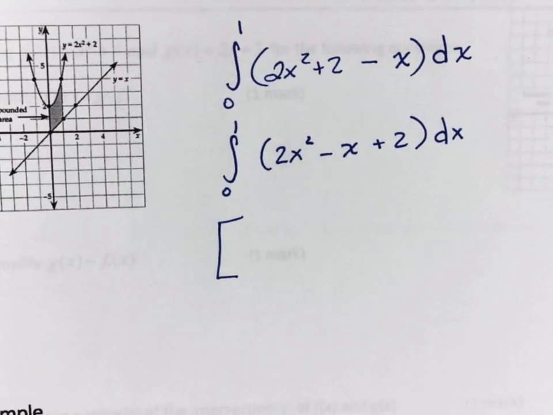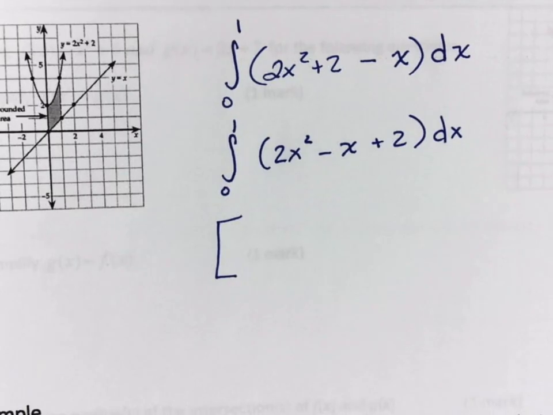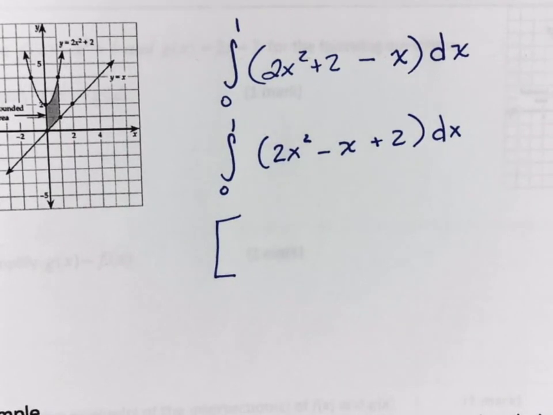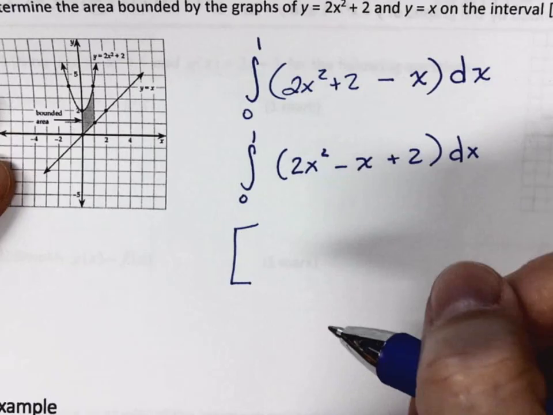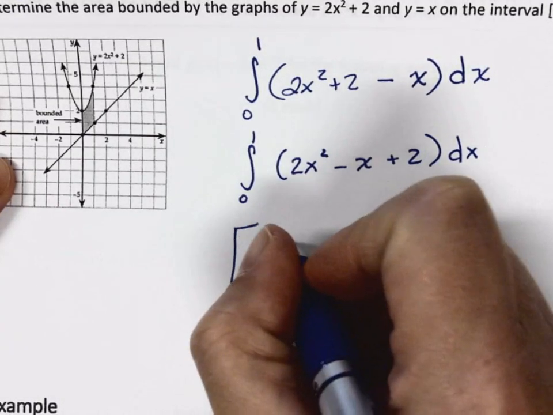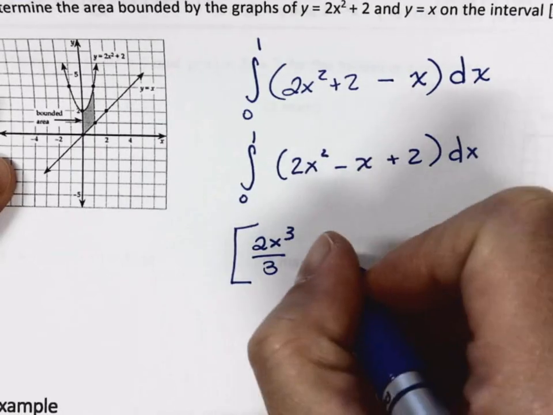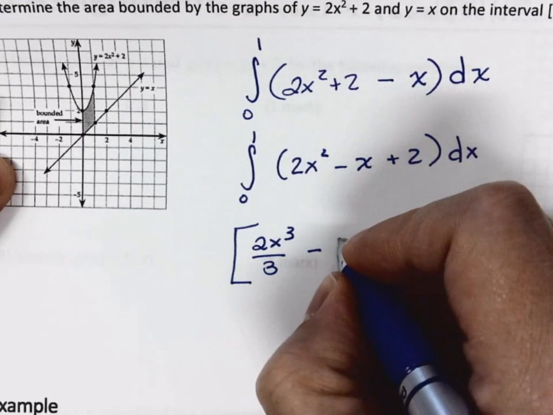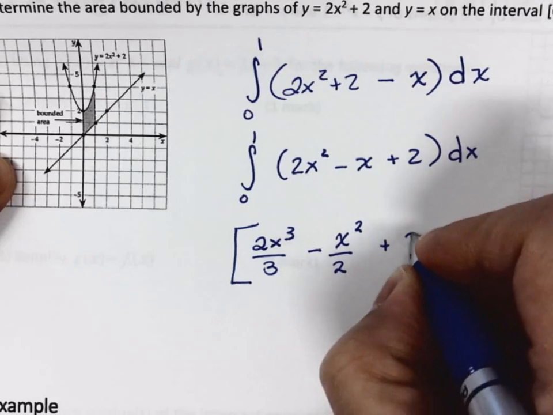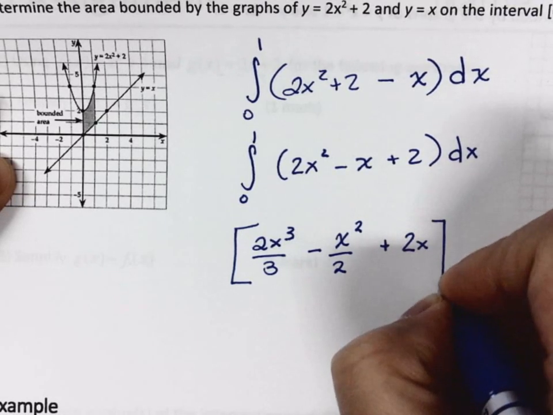Okay, I've got to anti-differentiate. So we're going to have 2x cubed over 3 minus x squared over 2 plus 2x.